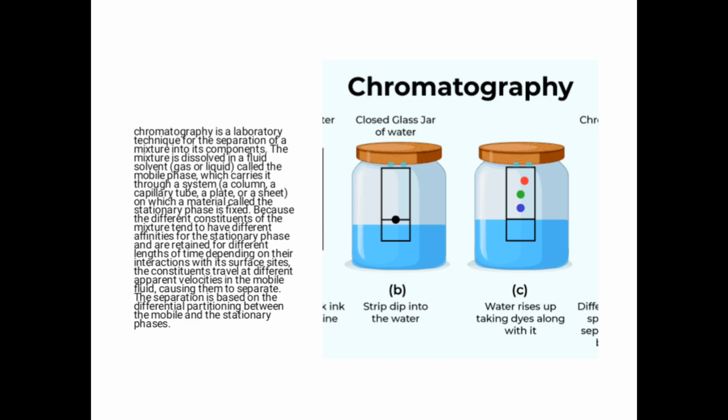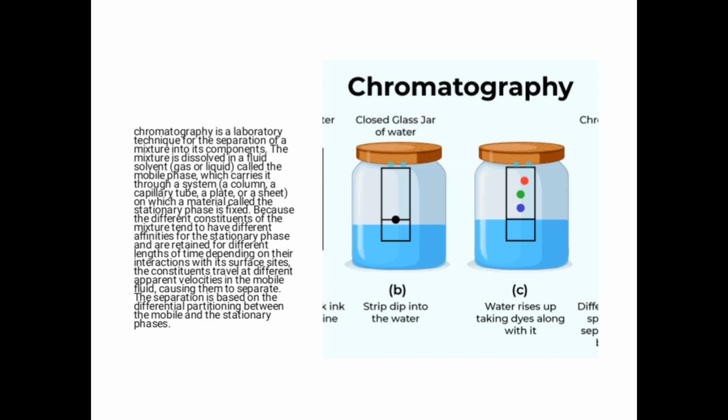So in a chromatography setup, the mixture is dissolved in a solvent called the mobile phase. You can see it there, either water or any other solvent. It carries the mixture through a system, a column, or capillary tube, or a plate. If it is a column, you are dealing with column chromatography.